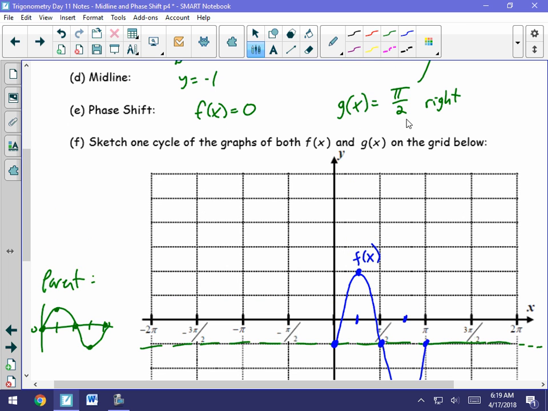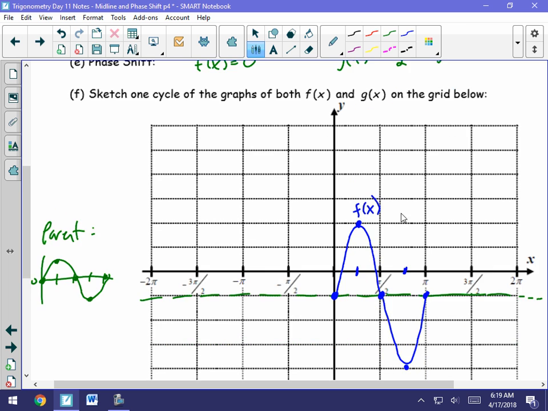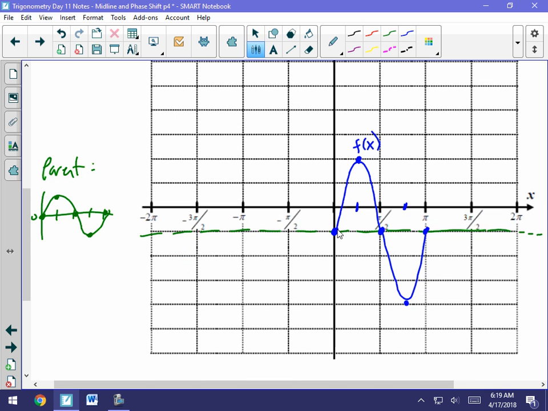And then if we wanted to graph this g of x, that has this horizontal translation to the right, right, we can just take each of these points and pull them to the right pi over 2 units. So this point that was here would really be here, or g of x. And this point that was here, if I move it pi over 2 to the right, it's going to go here. This one that was here is really here now. Circle these.